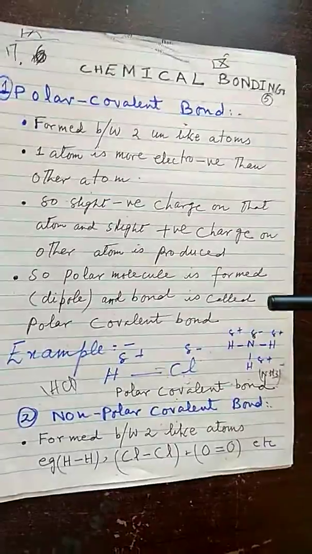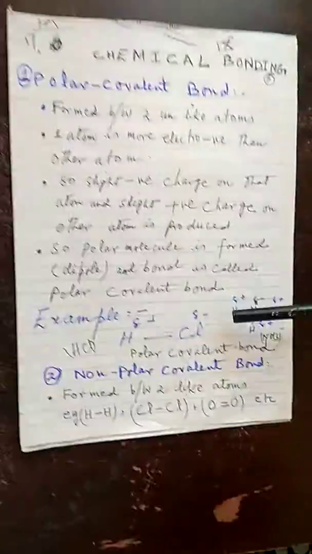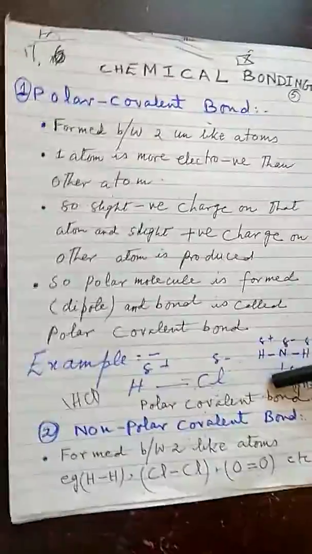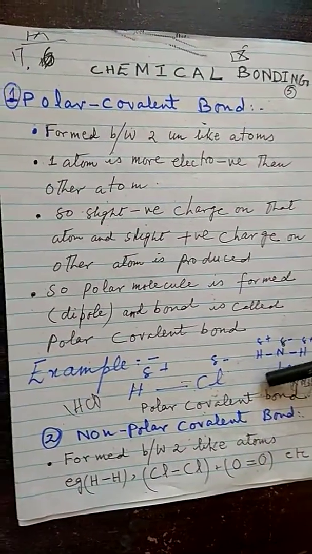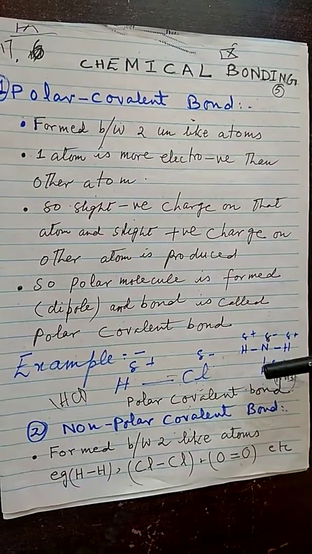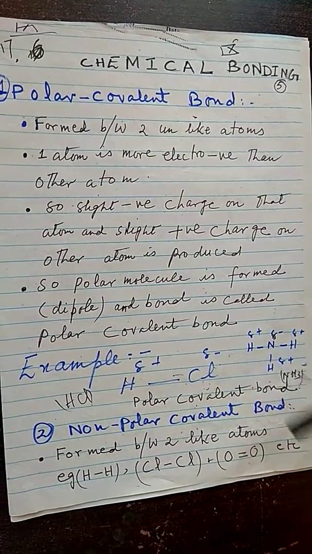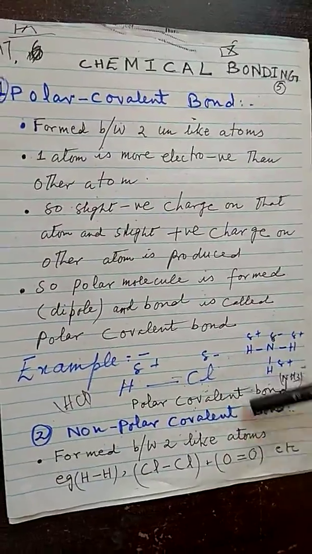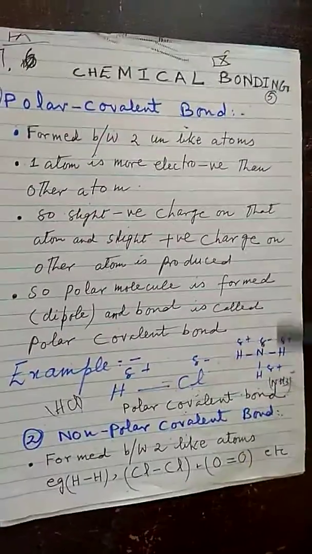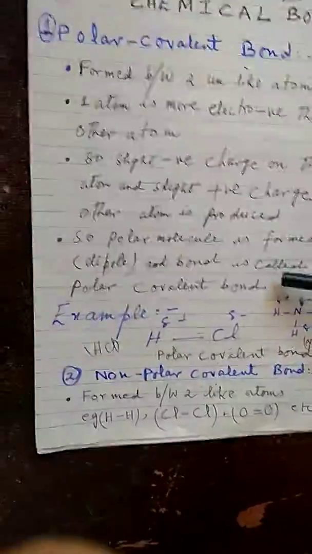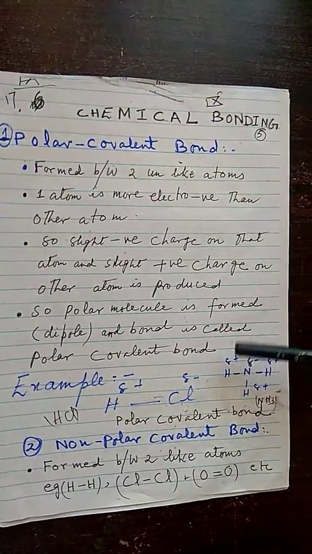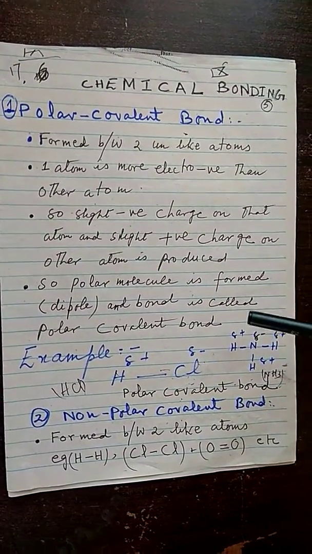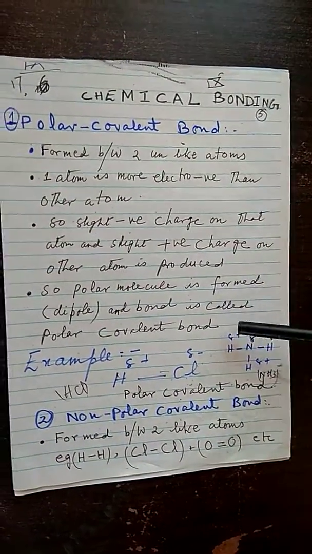Now it will be very clear, you can understand easily with the help of an example. Consider the formation of HCl, that is the hydrogen chloride molecule. You know hydrogen contains only one electron in its K shell. It needs how many electrons to complete its duplet? One. In the case of chlorine, the atomic number is 17. In the first shell there are 2 electrons, in the second shell there are 8 electrons, and in the outermost shell there are 7 electrons.